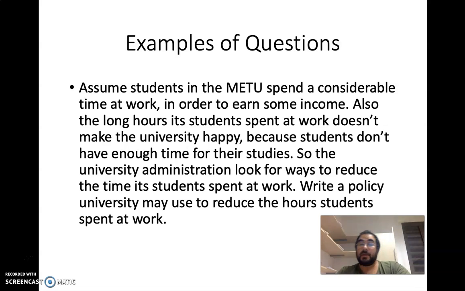Well, the obvious way might be providing some income, basically non-labor market income, to the students. But another way might be providing some free activities, increasing the value of leisure for the students, so that the preferences of the students might change and they might value leisure more and income less.